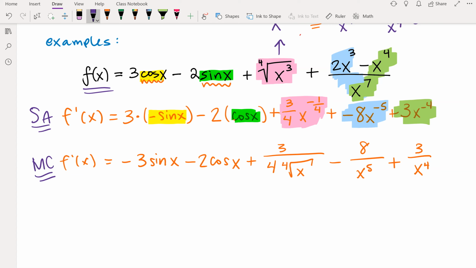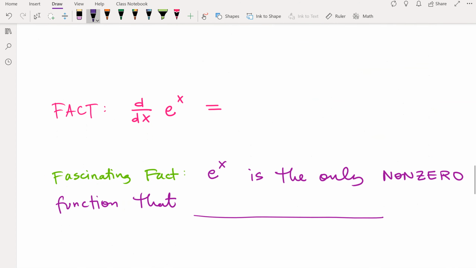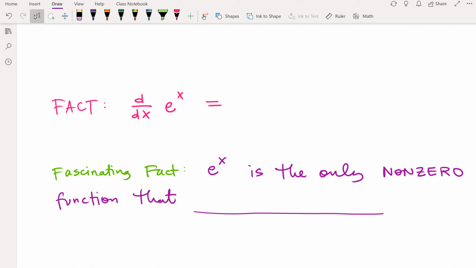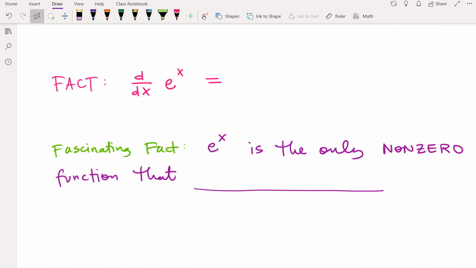Okay, let's learn some more special derivatives that you need to know and have memorized. So the first one, fact. The derivative with respect to x of e to the x equals e to the x. And here's a fun fact.